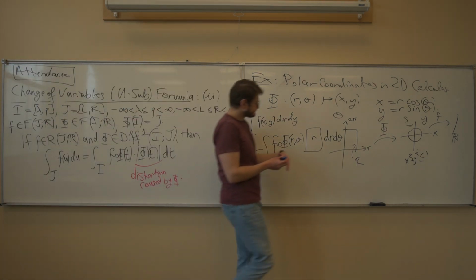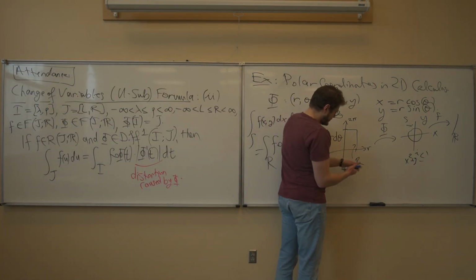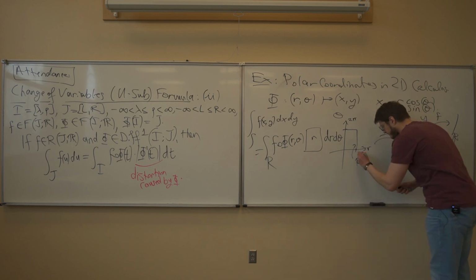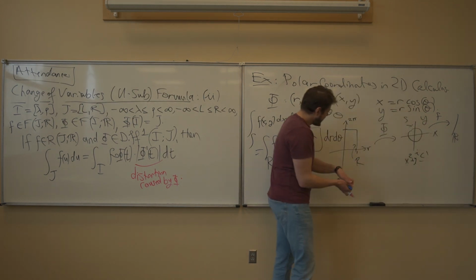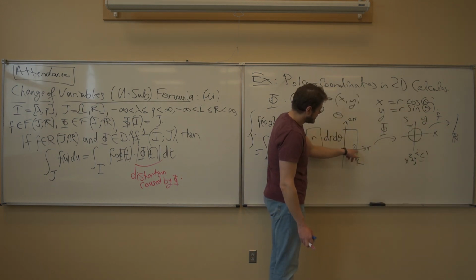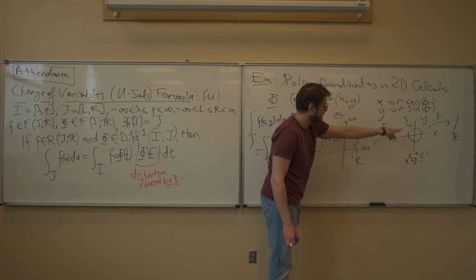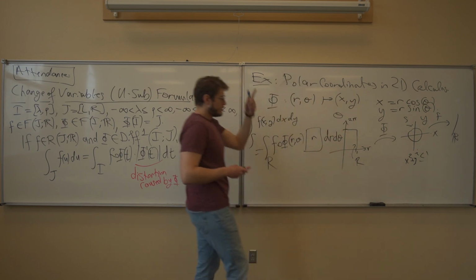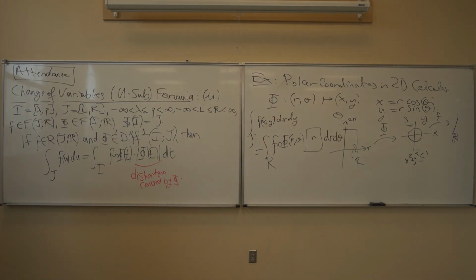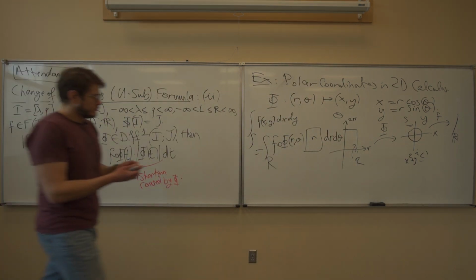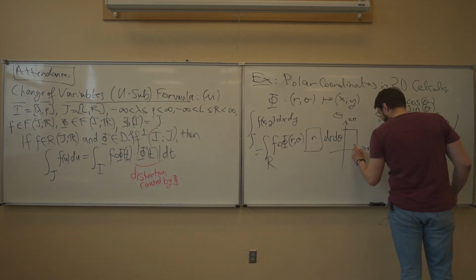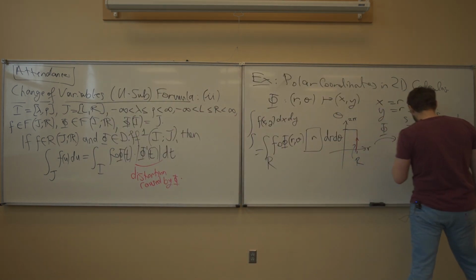So for instance, this is 1. And as I'm traversing from 0 to 2 pi on this right edge of the rectangle, what happens is that I'm traversing the perimeter of the disk, right? So this turns into this.